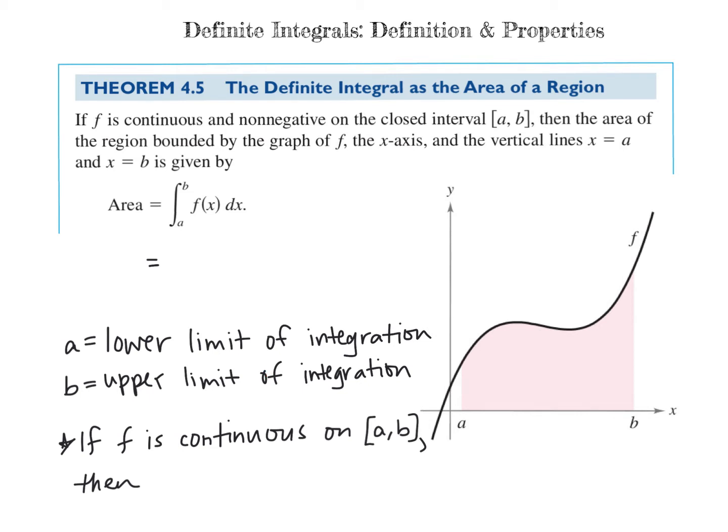And then we have already defined this region using a much crazier looking definition that we called the limit process. So we have already defined the definite integral from a to b of f of x dx as the limit as n approaches infinity of the sum from i equals 1 to n of all of those rectangles under the curve, and we wanted the number of rectangles to approach infinity.